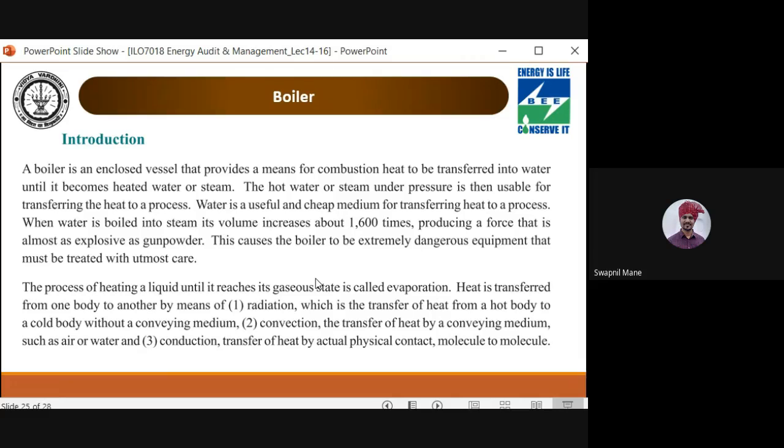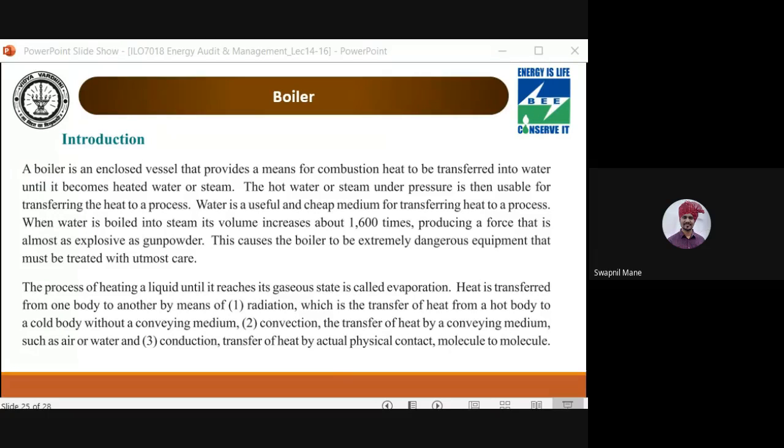Can anybody tell me whether this locomotive is a vertical boiler or horizontal boiler? The steam locomotive that used to run on Indian Railways, was it a vertical boiler or horizontal boiler? In the chat section, you can comment on whether it is a horizontal boiler or vertical boiler.